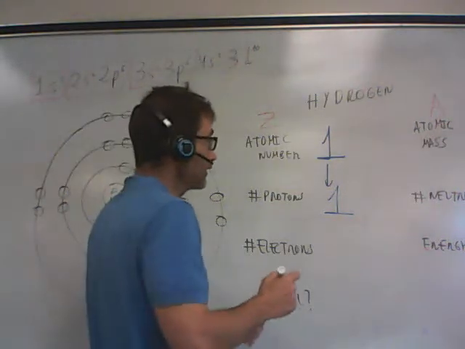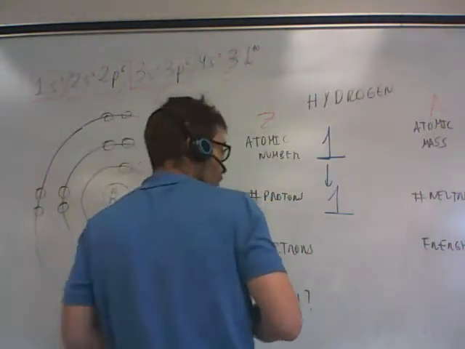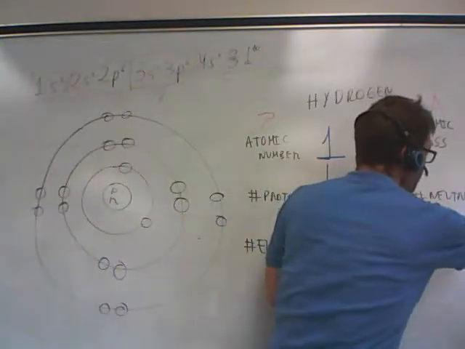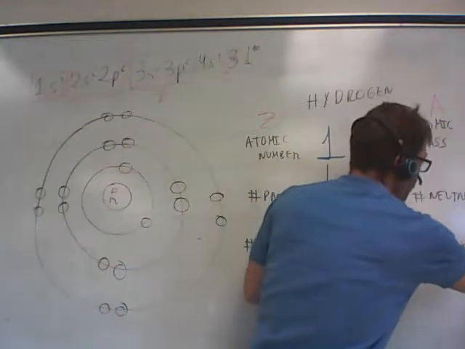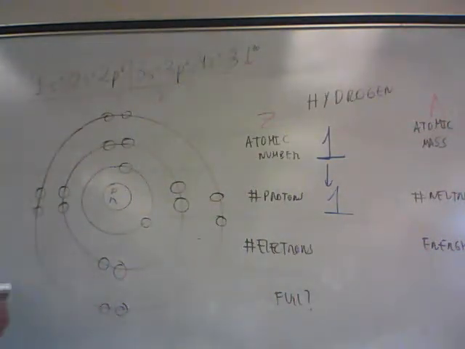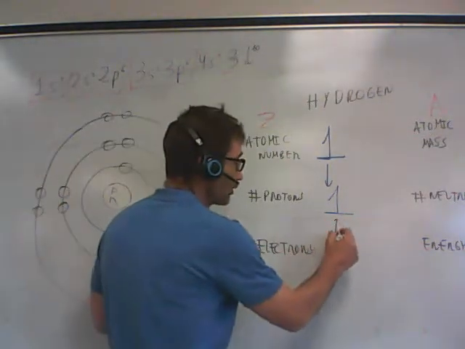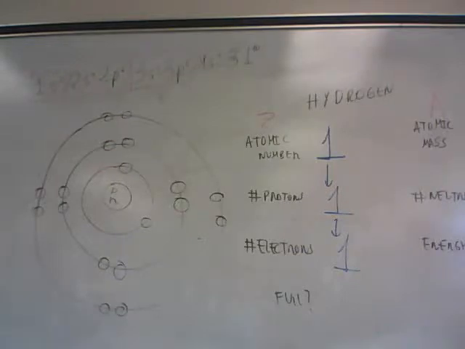The number of neutrons is always A minus Z. So, it would be here 1 minus 1, 0. The number of electrons is the same as the number of protons: 1. Okay? Is that easy enough?